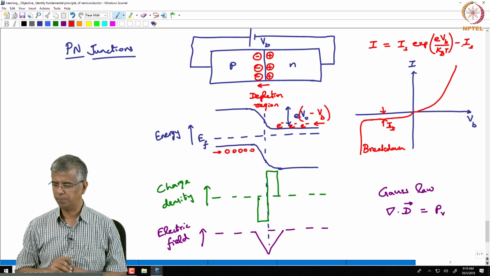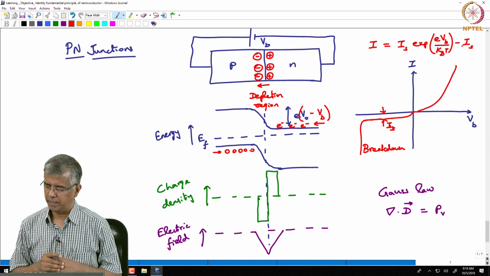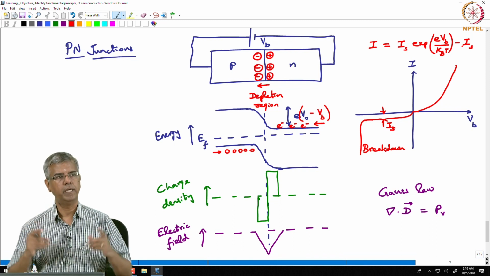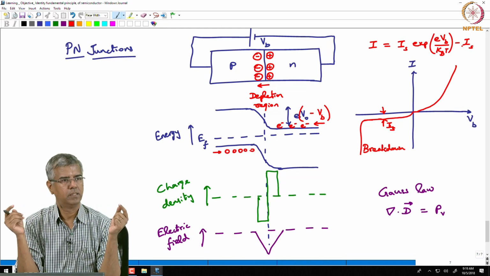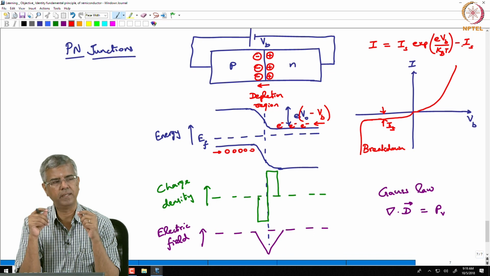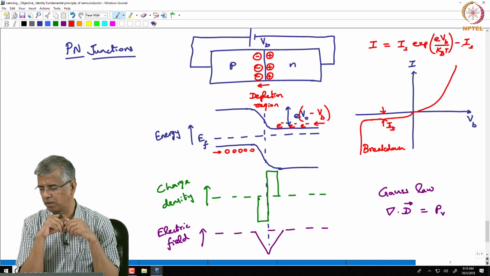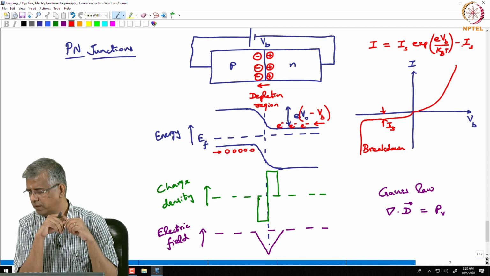Okay. So, what we will see is that for light emission, you need to have these carriers come across the junction so that they have a possibility of recombining. So, the electrons are recombining with the holes, right.